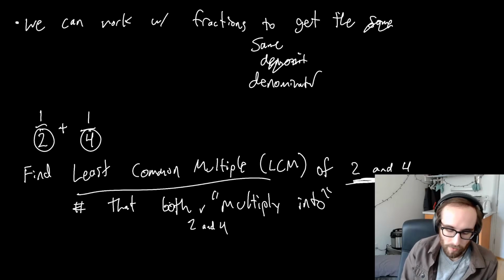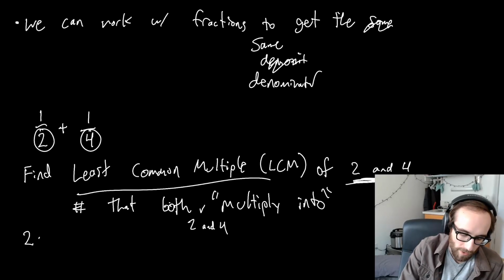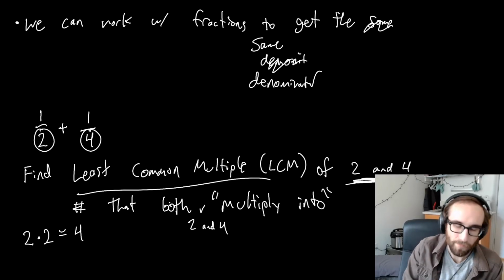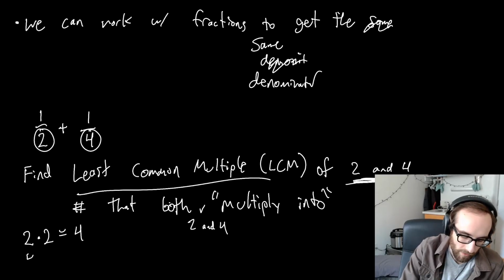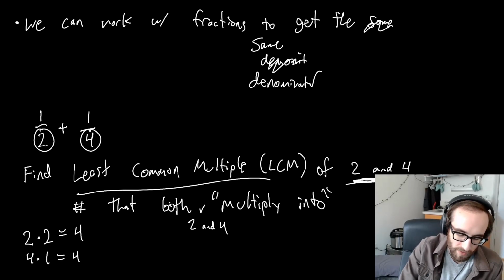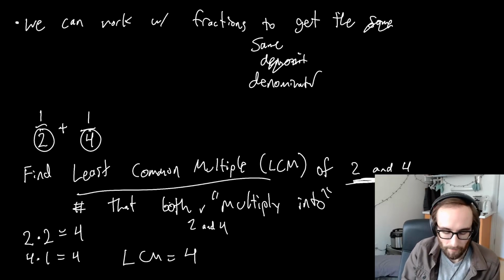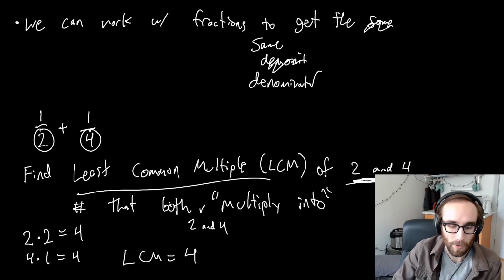So for 2 and 4, we could take 2, multiply it by 2, and end up with 4. And then we know 4 times 1 equals 4, so our least common multiple is 4. Okay, when we find a least common multiple, then we want to change our denominators so both of them end up with that least common multiple.